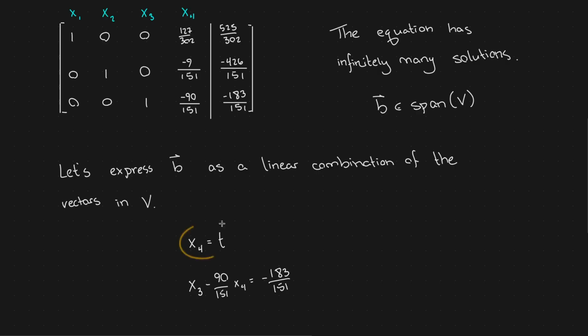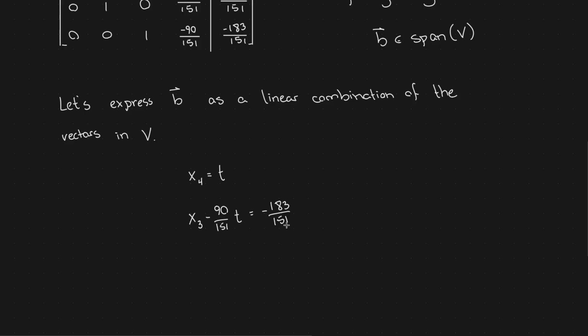Okay, but we've decided to call x4 our free variable t. So instead of writing x4 here, I'm going to write t, so we know that's our free variable. Okay, solving for x3, I find that x3 is equal to 90 over 151t plus 183 over 151.